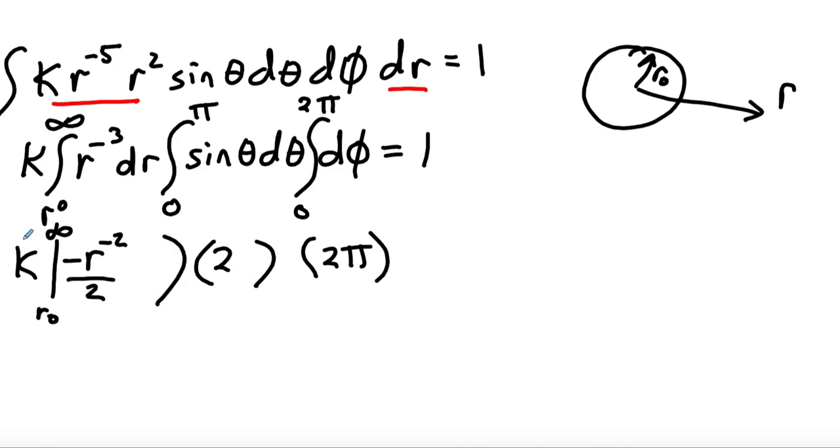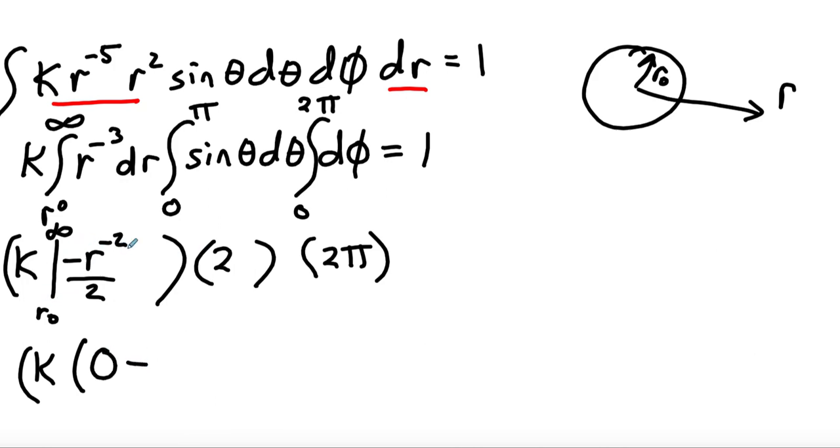So we multiply that whole thing times this. Plugging in those values, we've got k, and then let's plug in the values here. If we plug in infinity for r, it's infinity to the negative 2, so that's going to be 0.